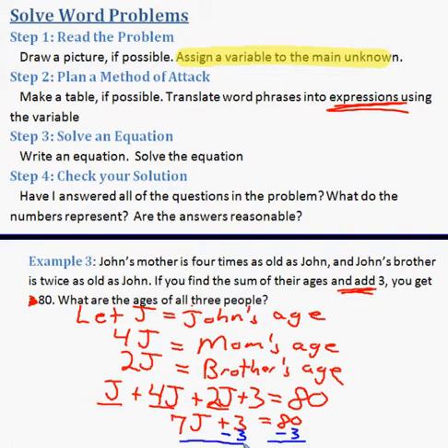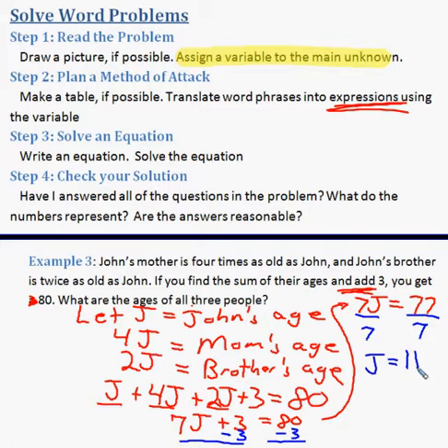So when we subtract here, we would get 7J, and then 80 minus 3 is 77. Dividing both sides by 7, or just thinking through that, 7 times what is 77? We see that J is equal to 11.